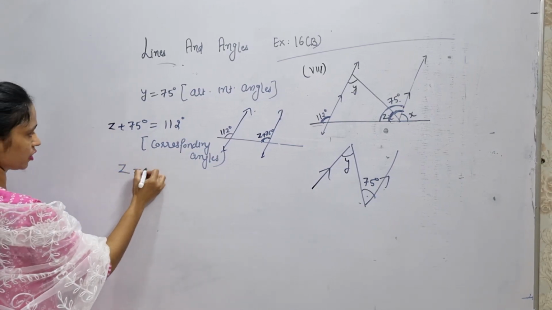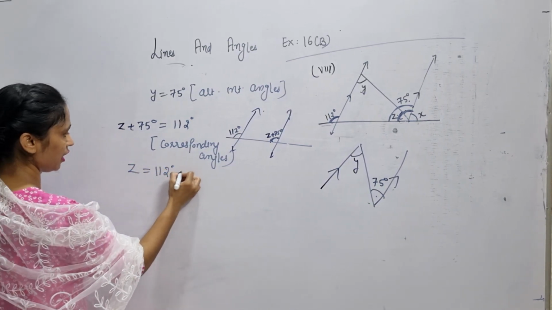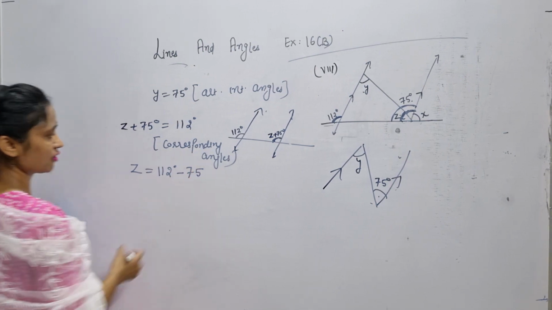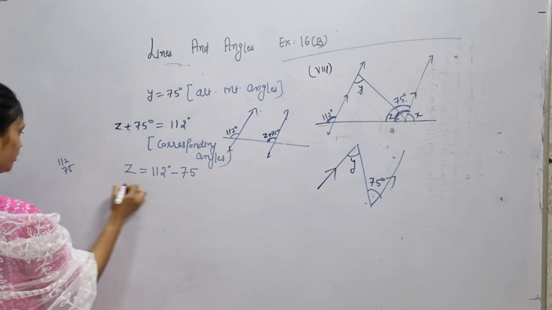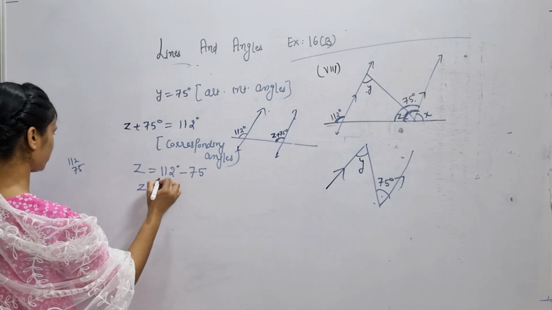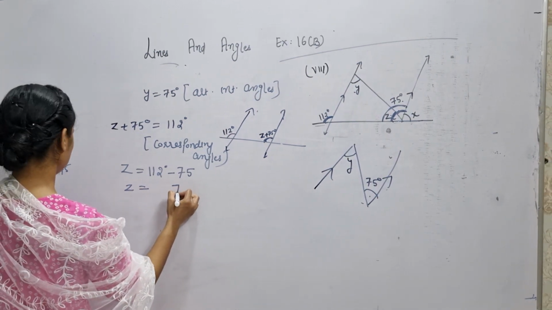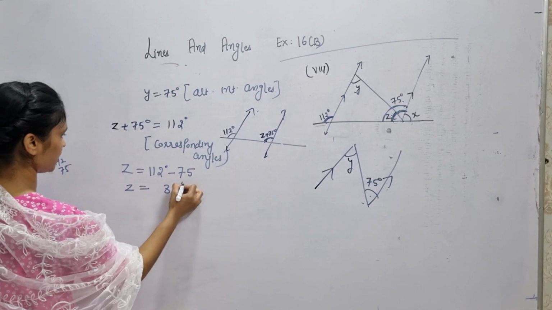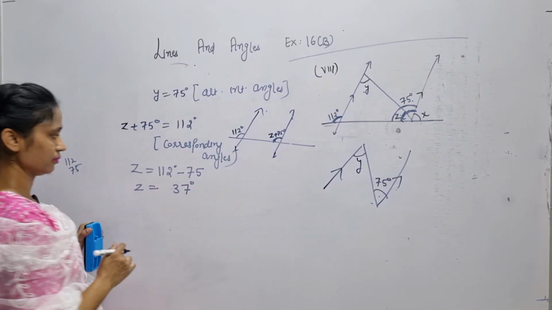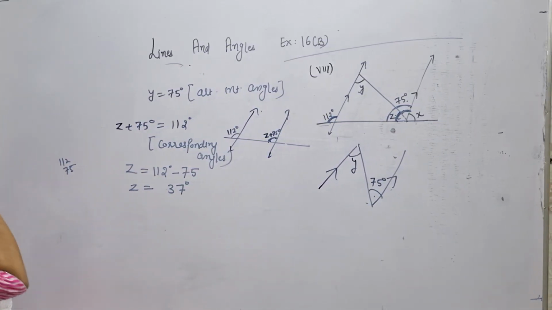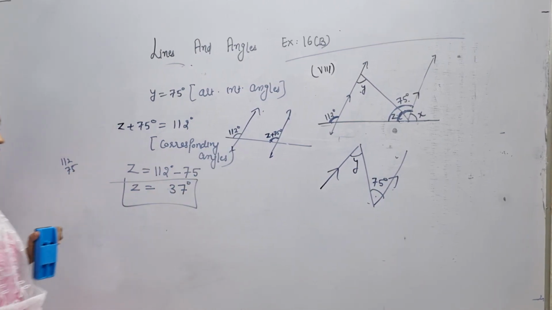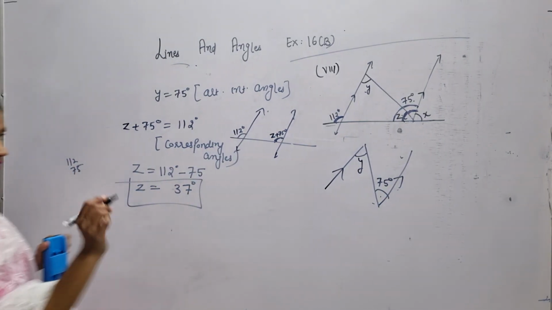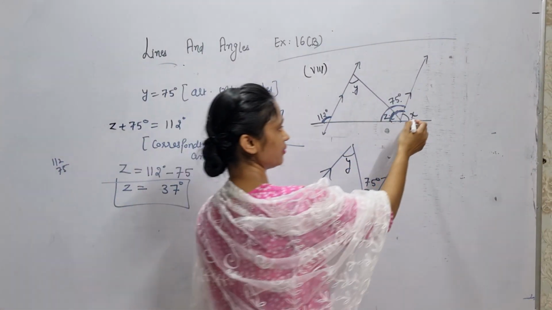Z is equal to 112 degrees minus 75. 112 minus 75 will be equal to 37 degrees. So z we have calculated as 37 degrees. So z is done.